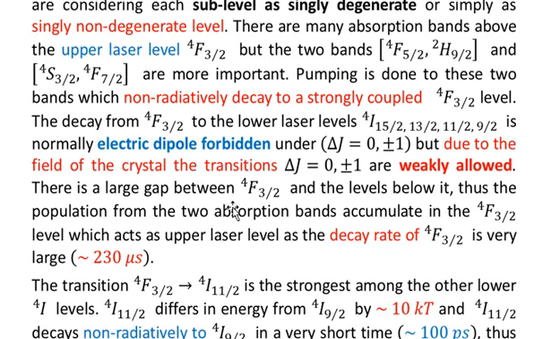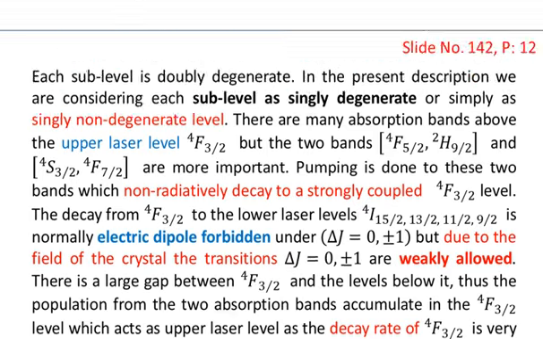There is a large gap between 4F3/2 and the levels below it. Thus, the population from the two absorption bands accumulates in the 4F3/2 levels, which act as the upper laser level, as the decay rate of 4F3/2 is very large and the lifetime of this level is approximately 230 microseconds.